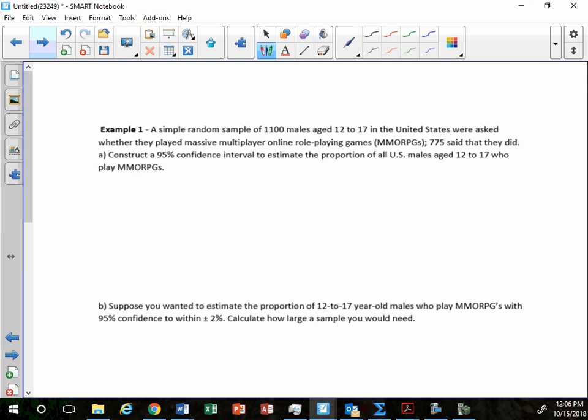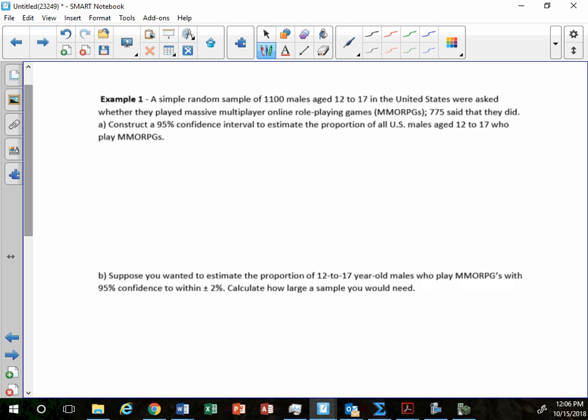Let's try one, guys. We have a simple random sample of 1,100 males, aged 12 to 17. They were asked whether they played massive multiplayer online role-playing games, the acronym MMORPGs. 775 said that they did.